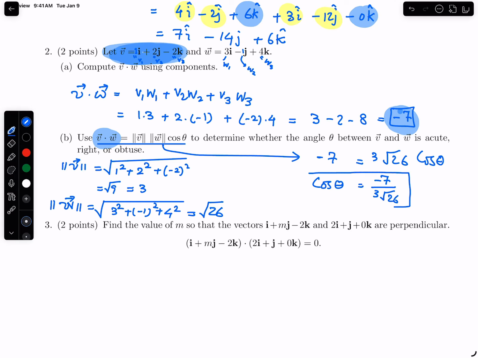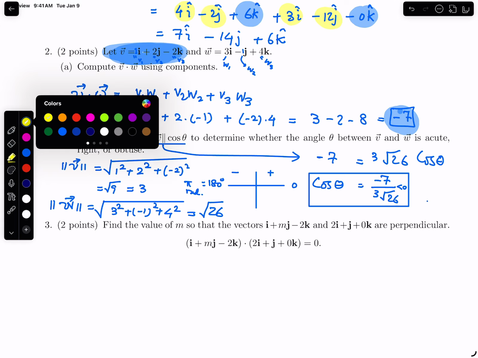So you can see that this cosine theta value is negative, less than 0, then the angle should be obtuse, because we know that cosine has positive value in the first quadrant and negative value in the second quadrant. This is 0, this is 180 degrees, which is equal to pi radian. So if the cosine value is positive, we are in the first quadrant.